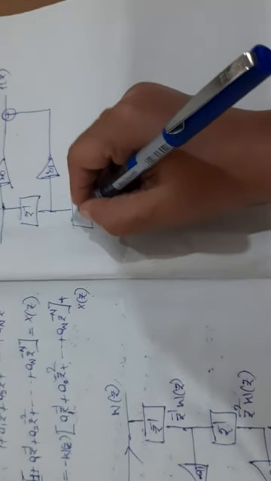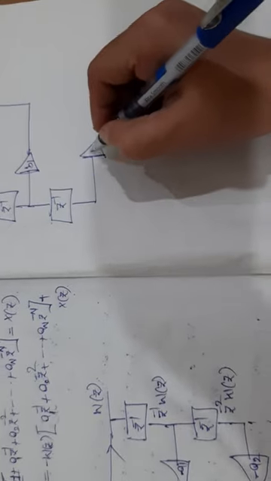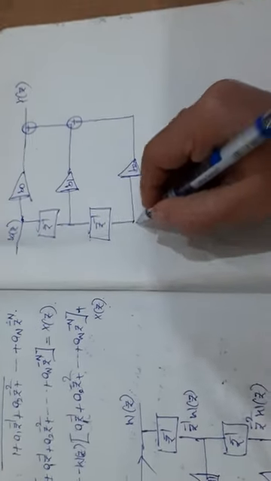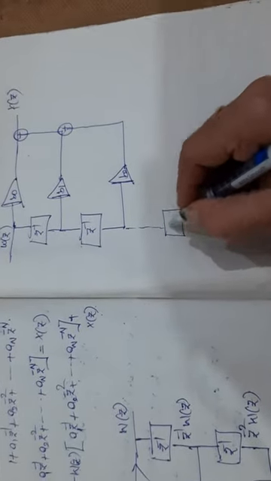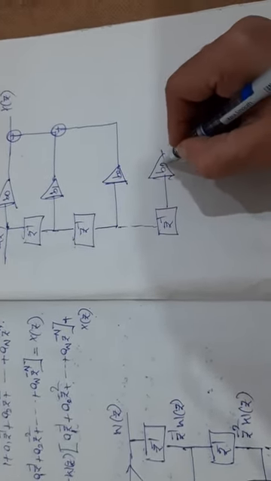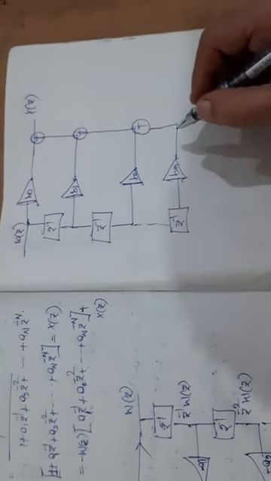Next, the second delay term is multiplied with b2 and that is added. Like this I am having m multipliers. Okay, like this.